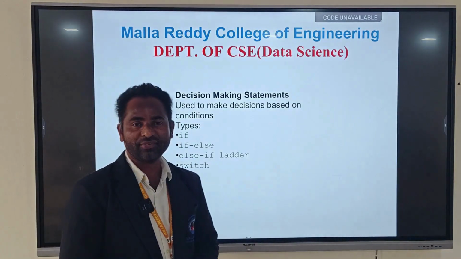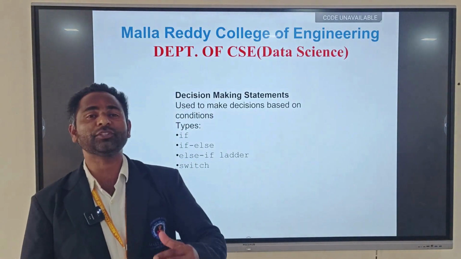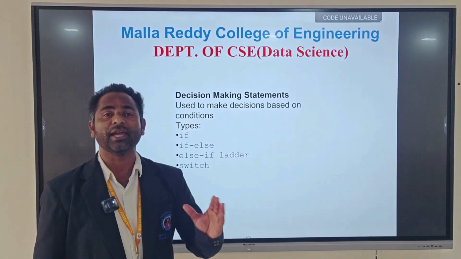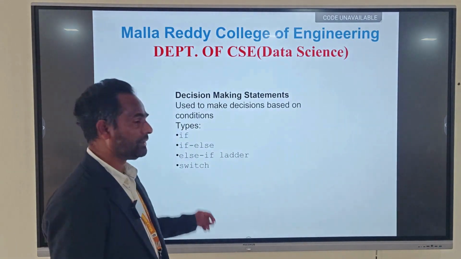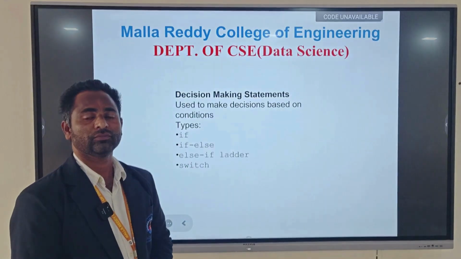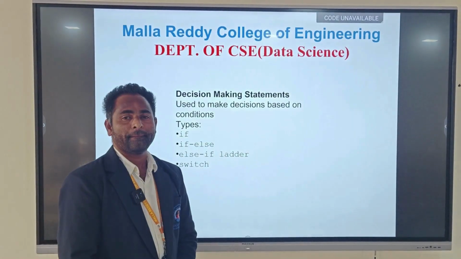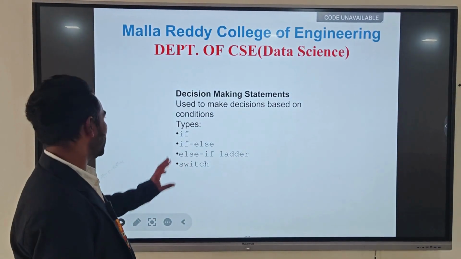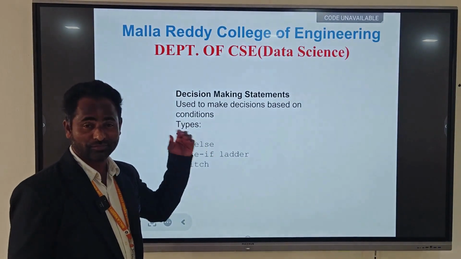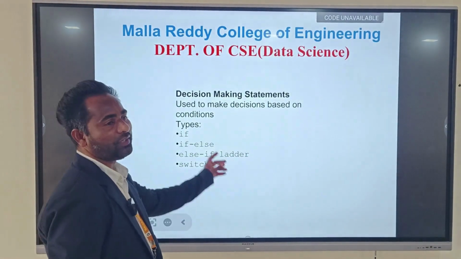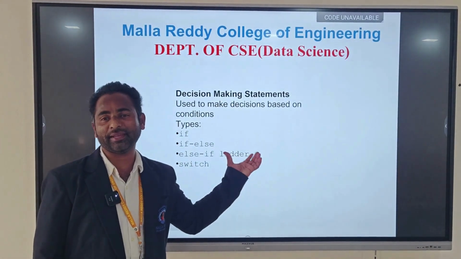In the same way, if we are going to use so many statements in the conditions, at that time we take the help of the if else ladder. Next is the switch. So these four are the types of decision making statements.